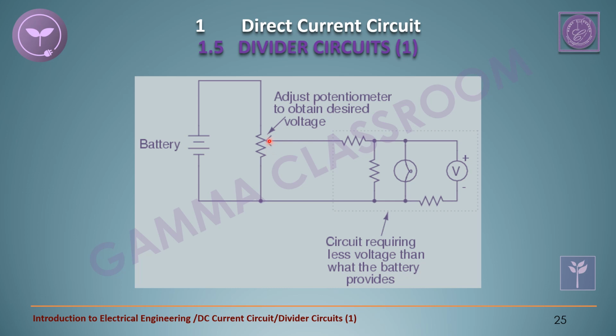You can move the wiper up and down, and look at this. You move the wiper to reach the voltage level you want. Then you can stop at this point and get the voltage from the battery which you want.